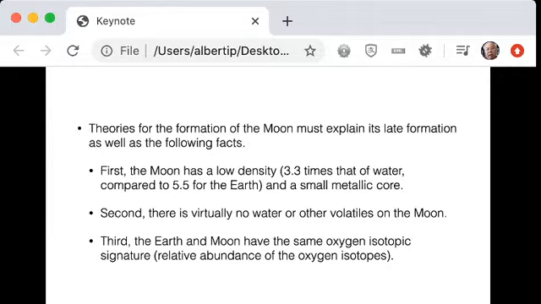The third is we have the same oxygen isotope, but we know that on the surface of the moon there's no atmosphere, and because there's no atmosphere, that means it does not have the weather patterns which we observe on Earth, and therefore the moon doesn't have weathering.